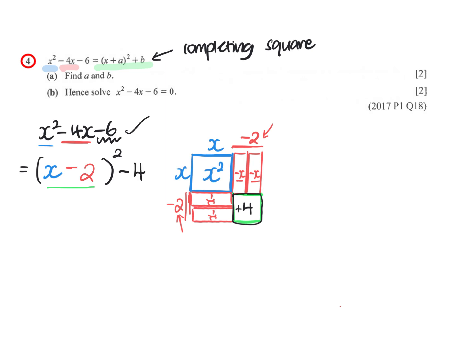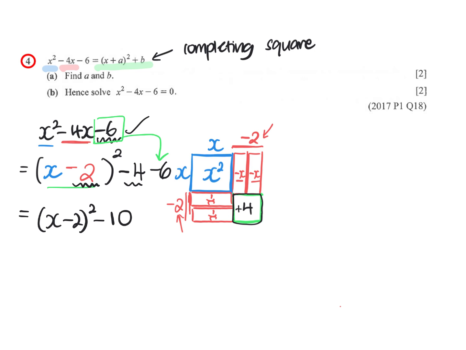And then the original value that they want in my question is negative 6, so I should add in a negative 6 after that. So we will be able to get our completed square form, (x minus 2) whole squared, subtract whatever number is here squared, so minus 2 squared becomes negative 4, then plus negative 6 again, so I'll get negative 10.